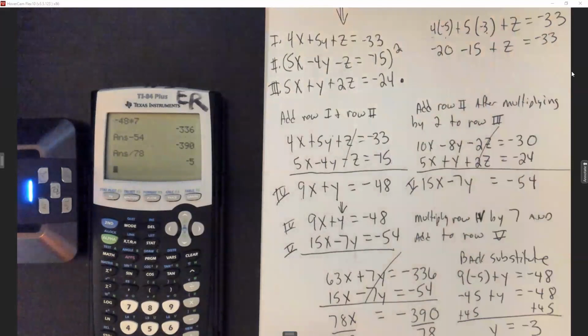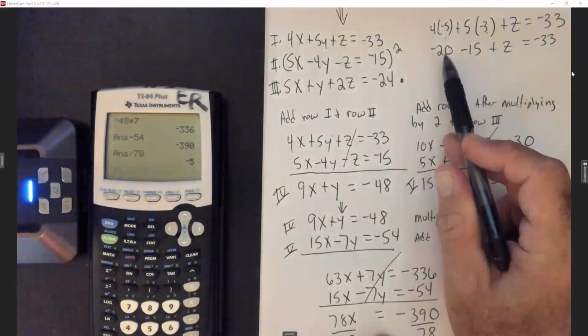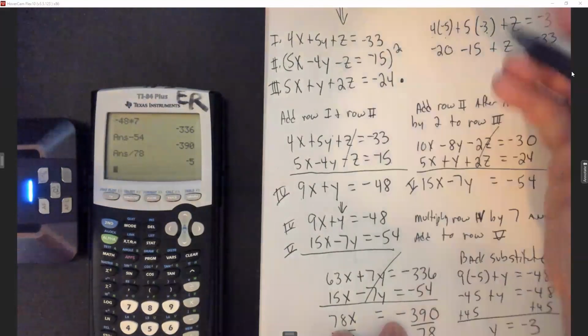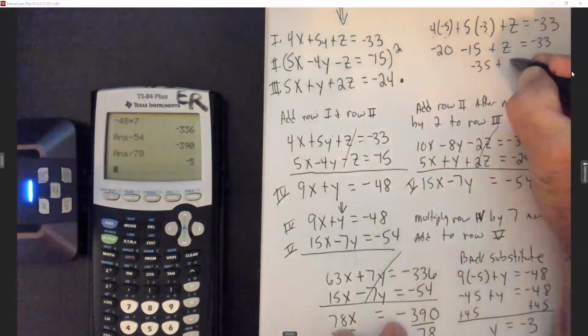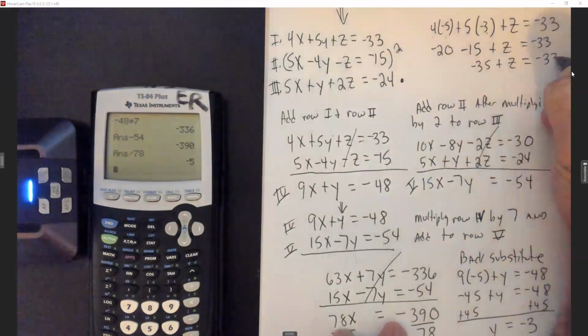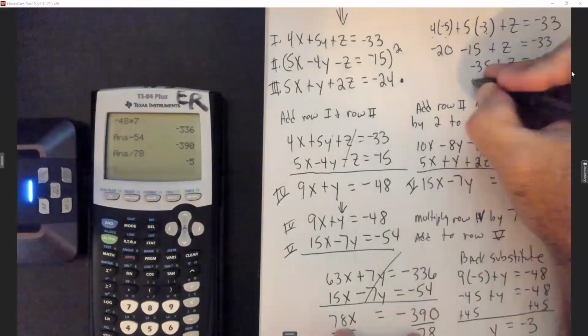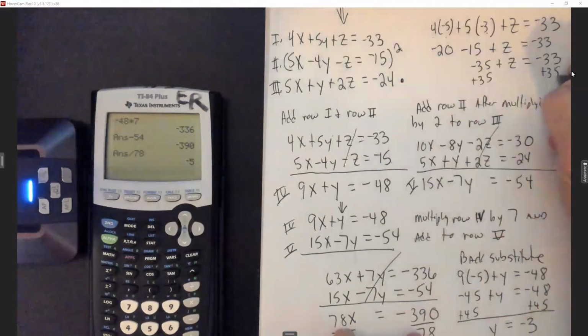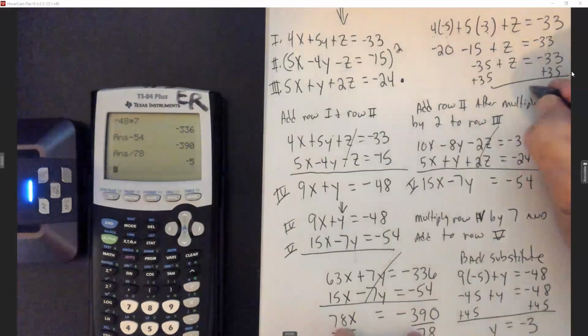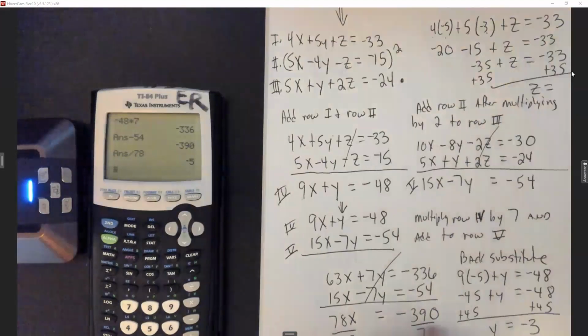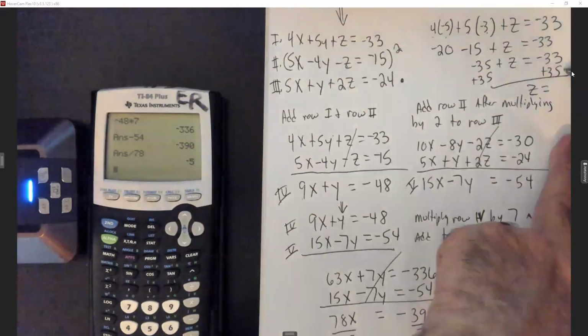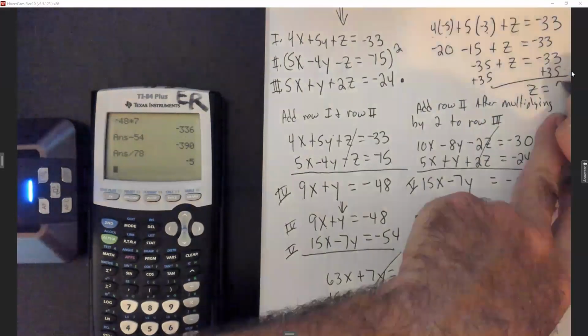So let's see, we would want to add like terms next. So -20 and -15 give you -35, plus z equals -33. And remember my last step, add that 35 to both sides. I'm running out of room, but let's see. -33 plus 35 makes my z equal 2.